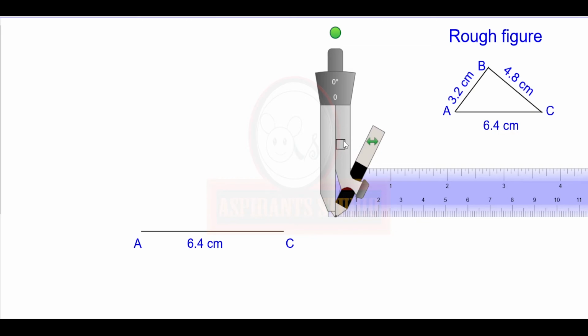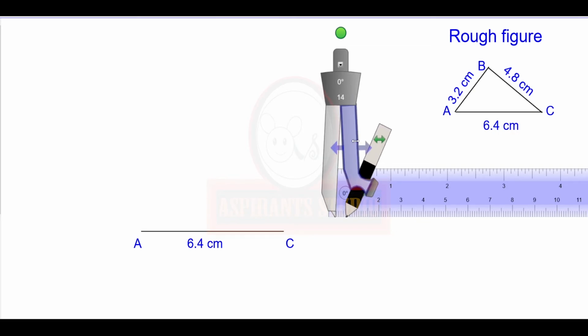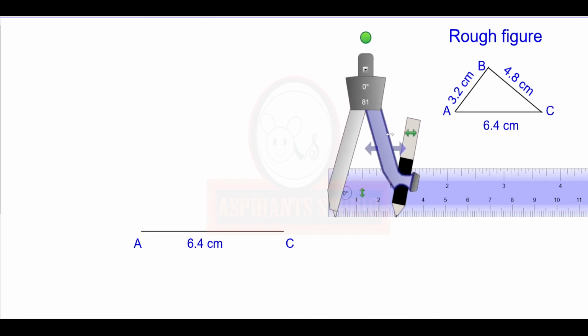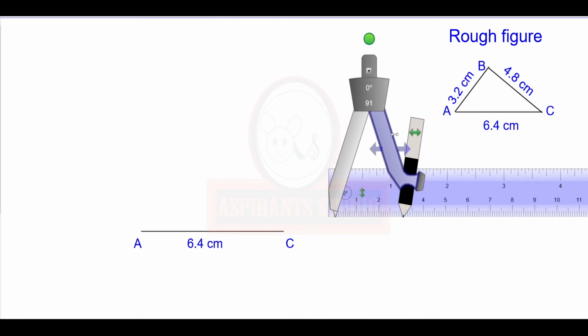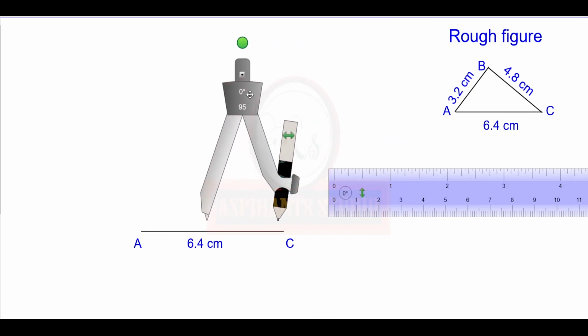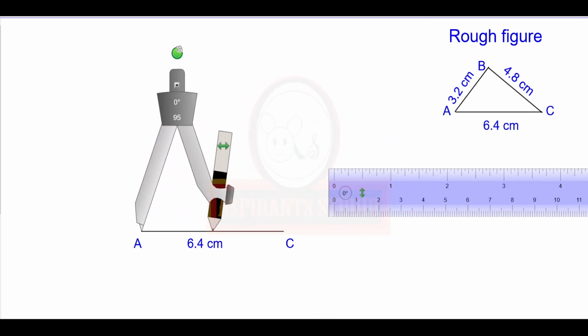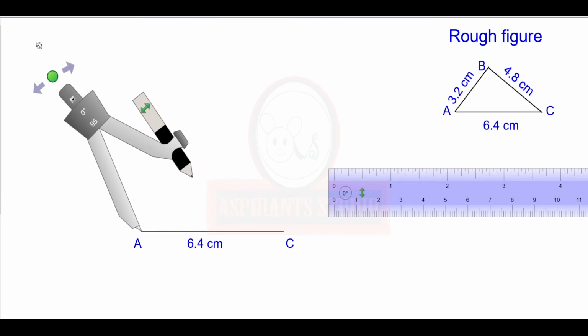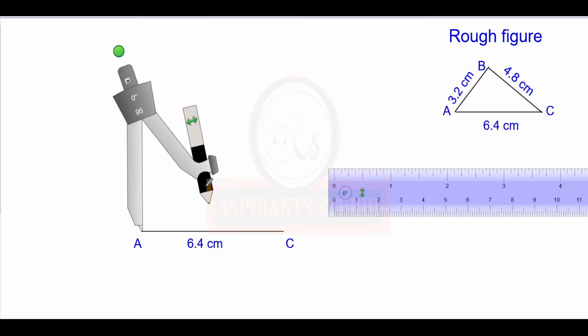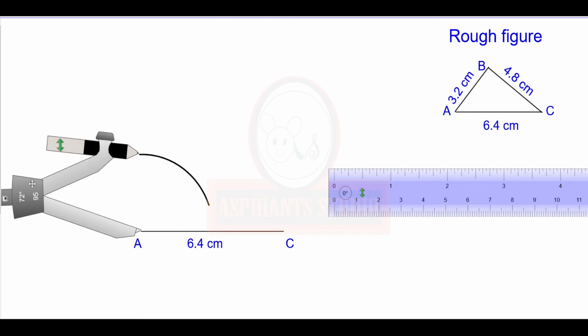Now take the compass, keep it on the ruler, measure 3.2 centimeters. Then keep the sharpened end of the compass at A and draw an arc. Now keep the sharpened end at C without changing the length.